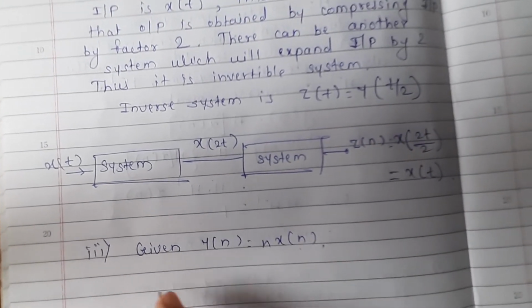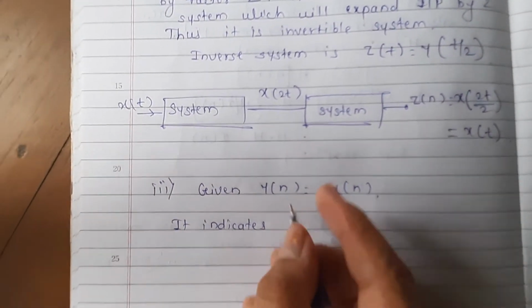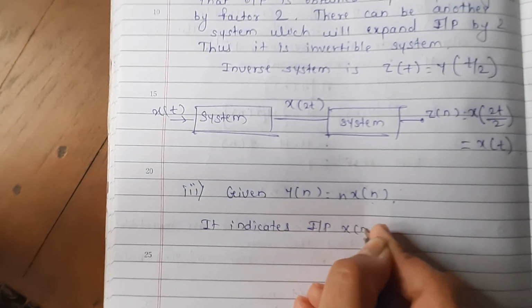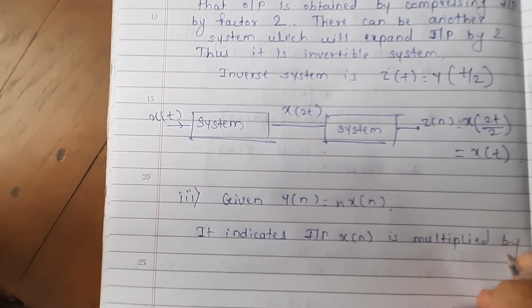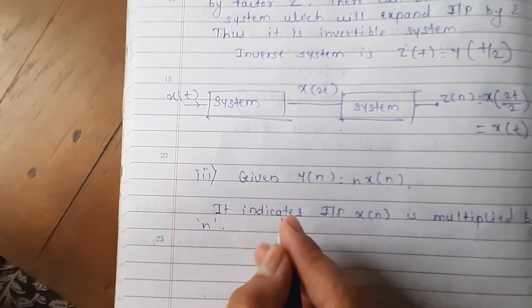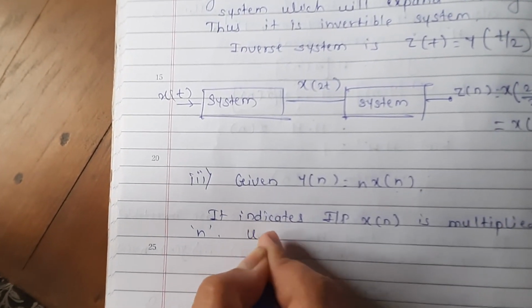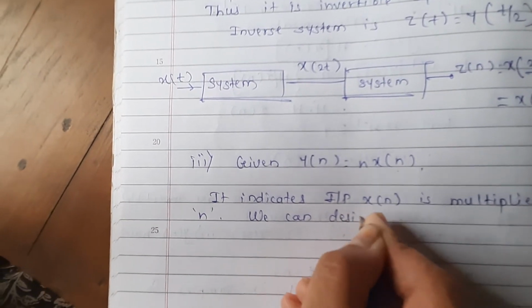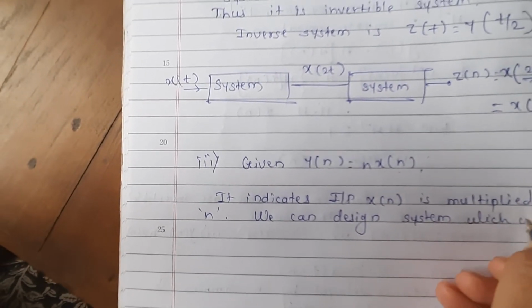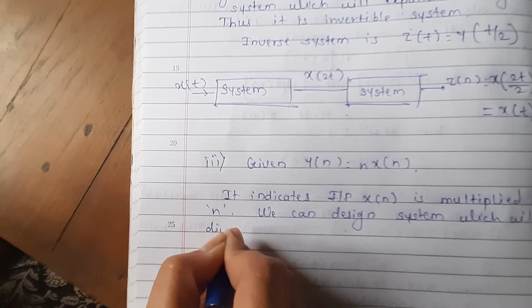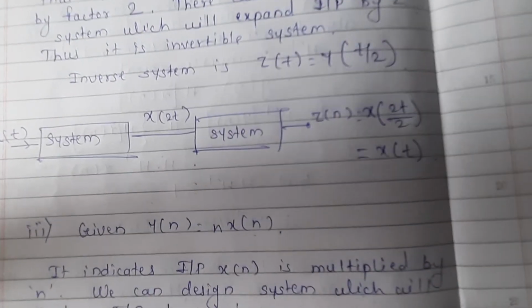So the input x of n is multiplied by n, and we can design a system which will divide the input by n. So this is an invertible system.